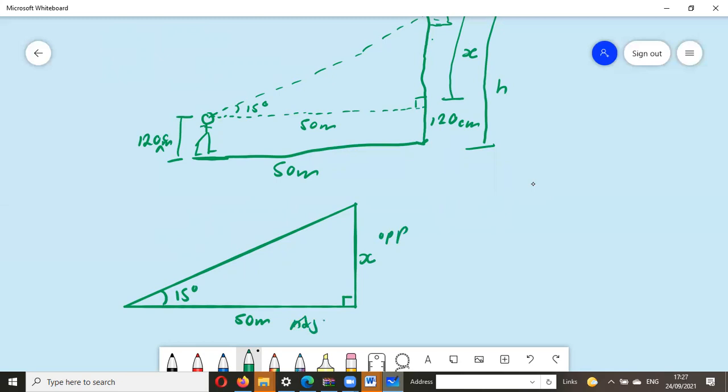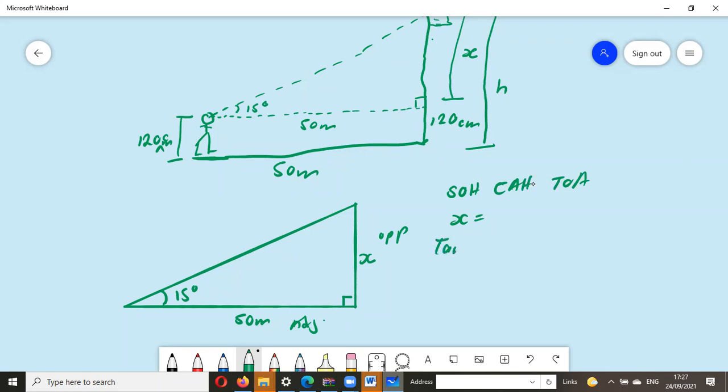So try that one now. How do you find X? X is equal to, what are we using? Are we using tan? Are we using cos? Are we using sine? You're using tan, because from SOHCAHTOA, opposite is there, adjacent, that means I'm using tan.